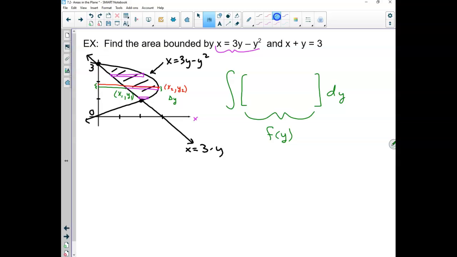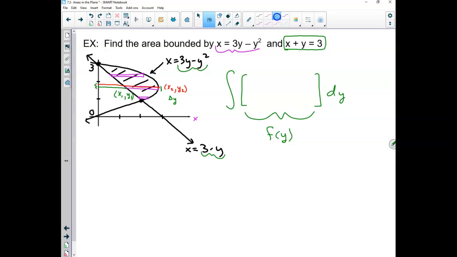Well, I took this function and I solved it for x, so x is going to equal 3 minus y, and up here, this one was already solved for x.